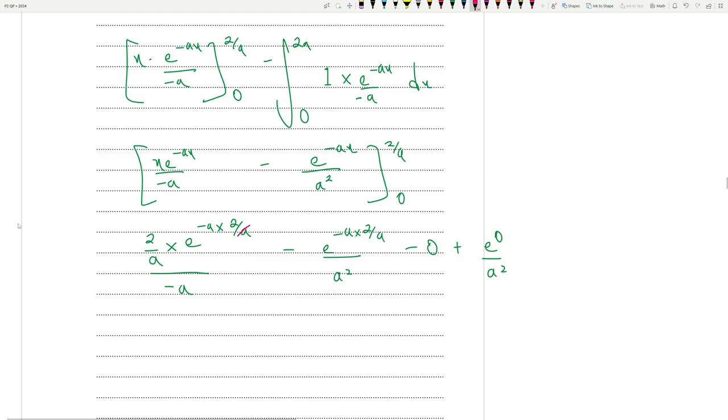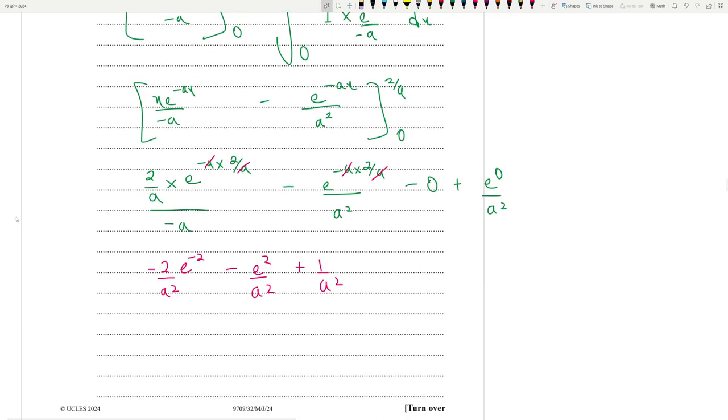So after further simplification, it's actually minus 2 by a square e to the power minus 2, minus e square by a square, plus 1 by a square. This should be a minus 2.